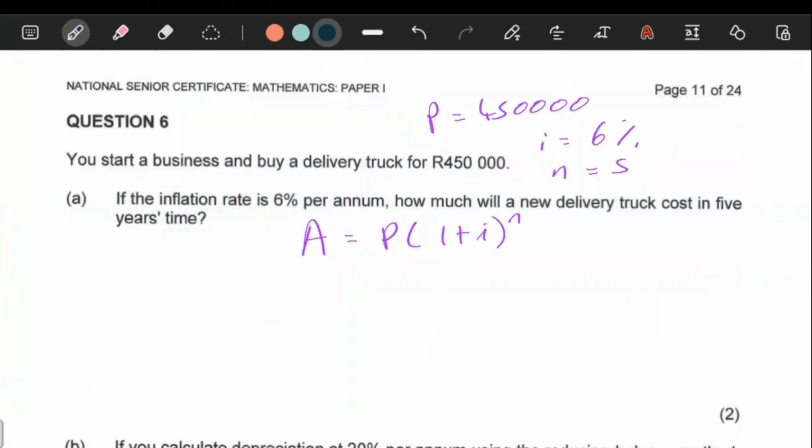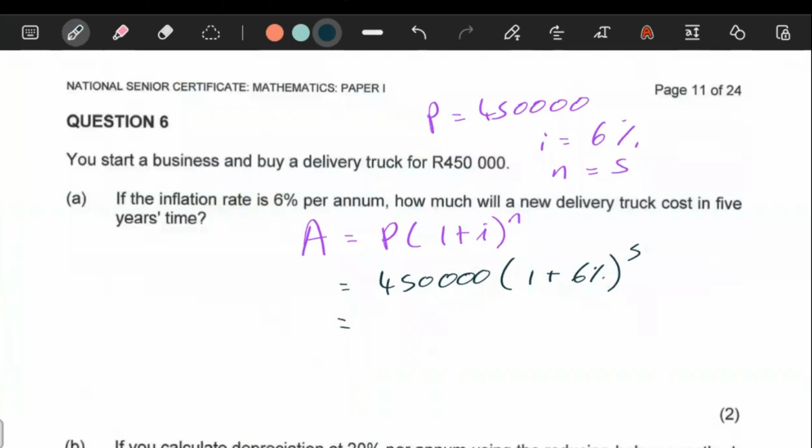Let's see what we can do here. So P is 450,000. Interest 6%. N is 5. And then let's see what we can do here.